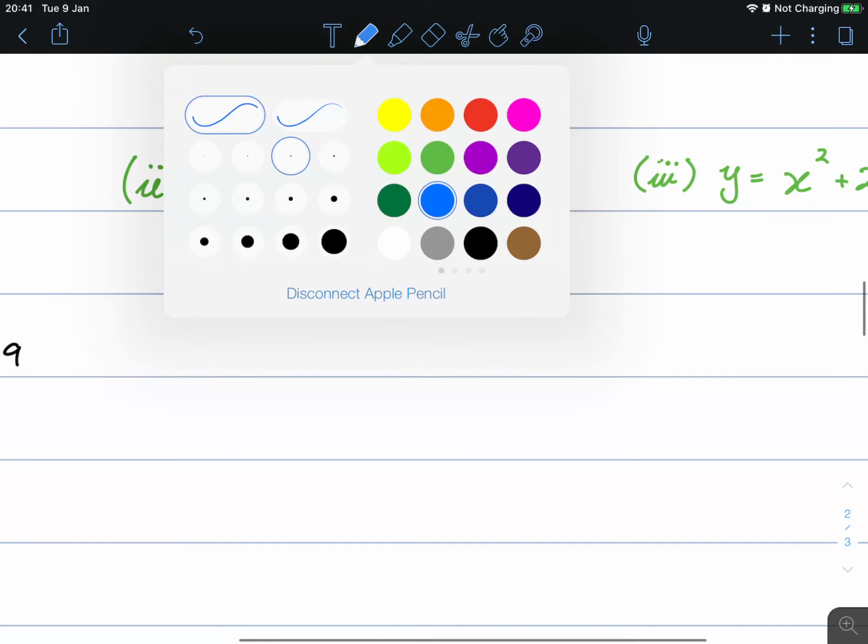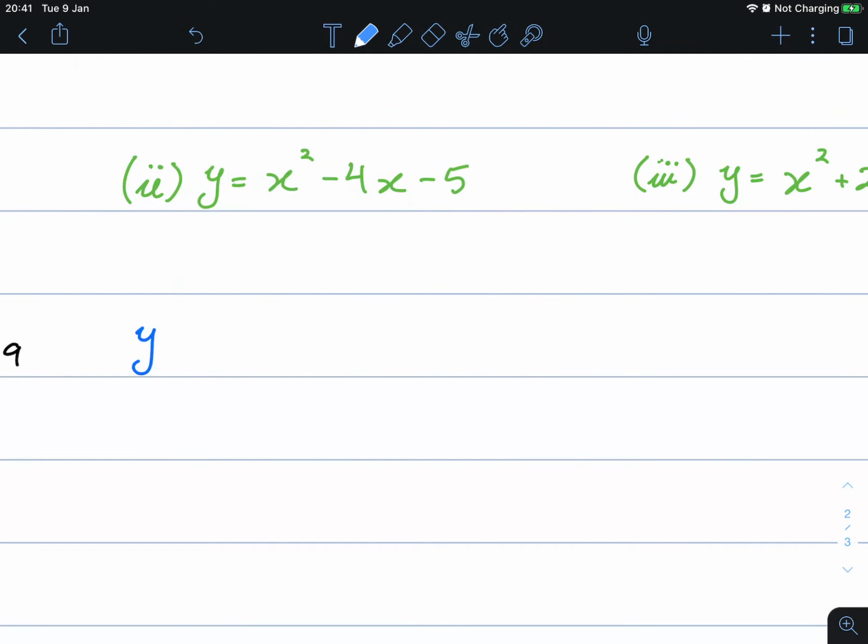Let's do this again. y is equal to x squared minus 4x, minus 5. We take half of 4, which is negative 2, and we square it.